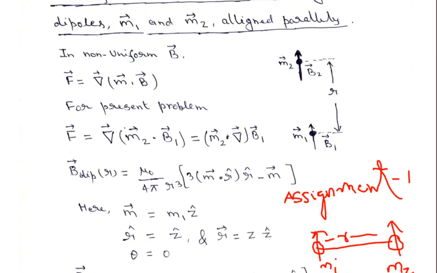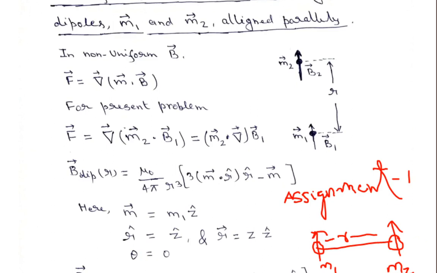But in the assignment I am giving you, M1 is along the Z direction, M2 is along the Z direction, but the separation between them is not along Z but along the Y direction. Then you find out the force between these two dipoles.